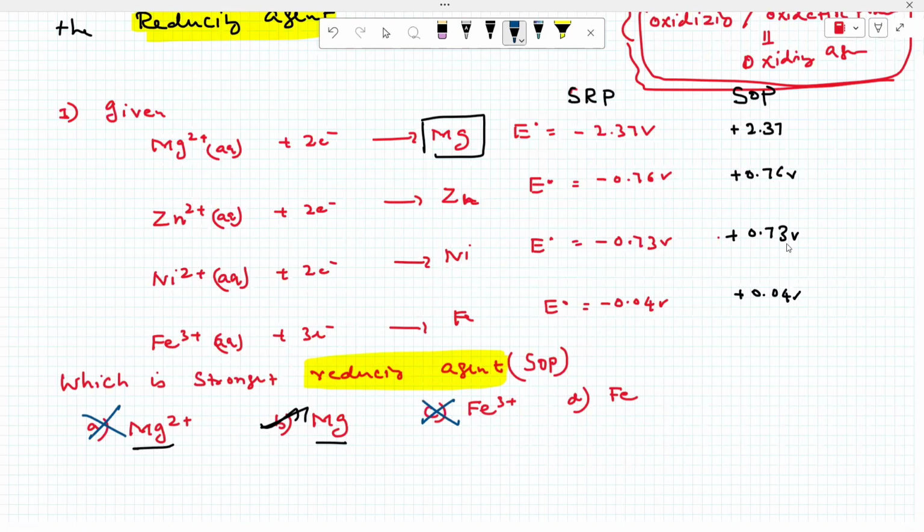Yes or no? Magnesium's highest value is +2, so it cannot change from +2 to +3. So A is not possible. Fe's maximum here is +2, so B and C are not possible. So the answer is B or D. Now, what is the more positive SOP value? Magnesium, therefore option B is the correct answer. Okay. Right, this question is very important.